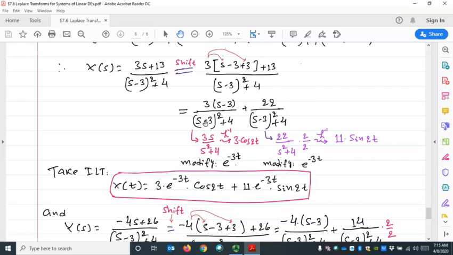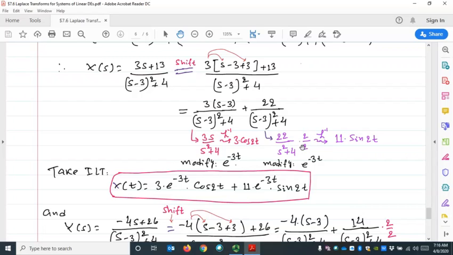So here, first unshift, which is 3s over s squared plus 4. The inverse Laplace transform of 3s over s squared plus 4 is 3 cosine 2t. Then there is a shift, so we have to modify this f(t) by multiplying by e to the power negative 3t. Similarly, in the second term, write the unshifted form, which is 22 over s squared plus 4.